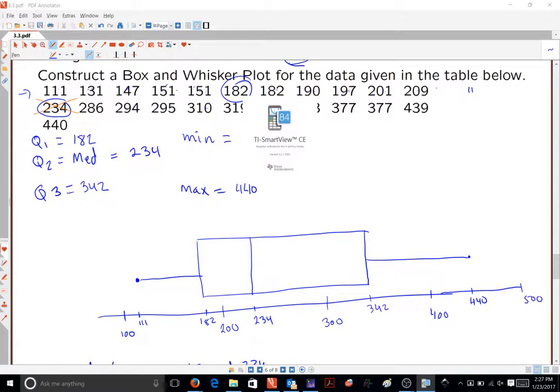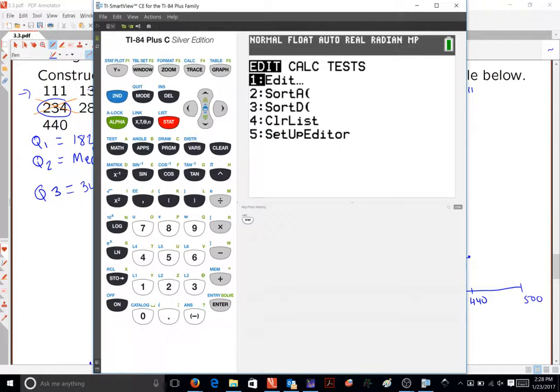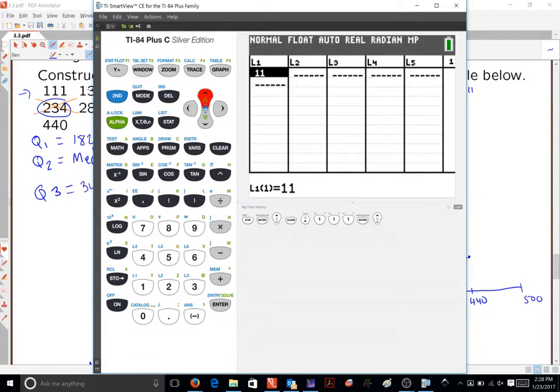You have to put your data into your list. So you're going to go to Edit. I actually did not enter the data into the list this time. So, yeah, if you have it, go ahead and read it to me. I know the first one's 111. Okay, it's 111. This is a pain to type it in using this pen.